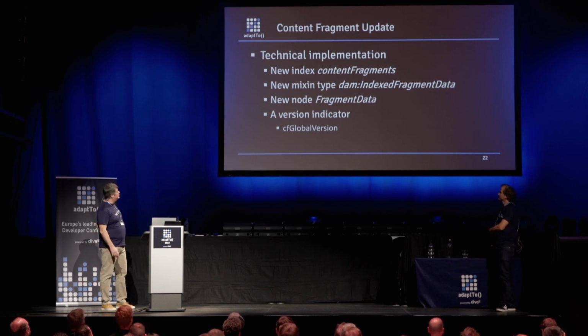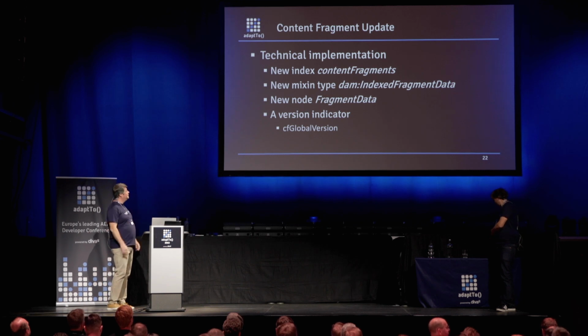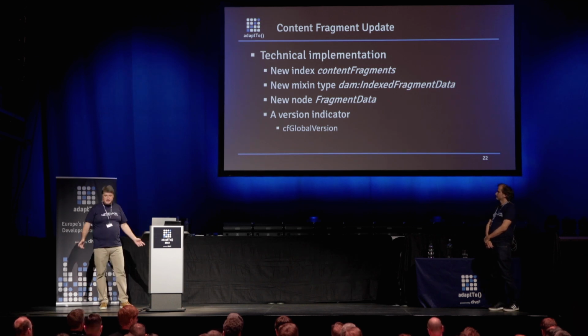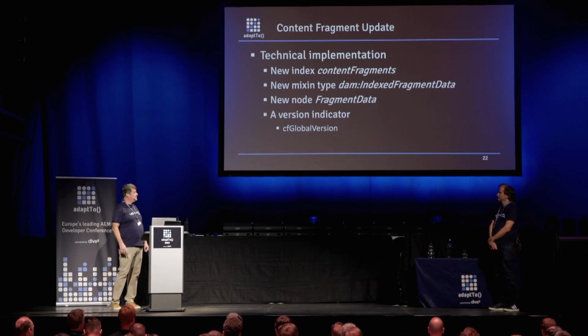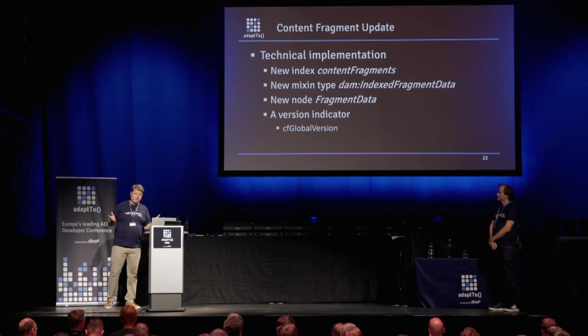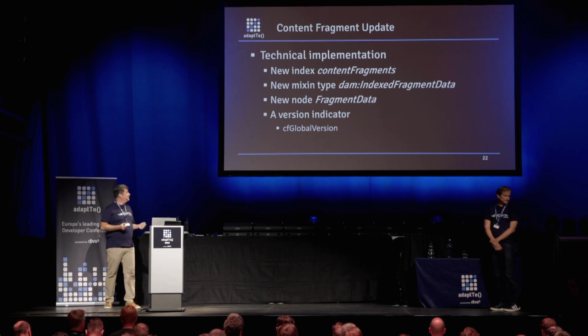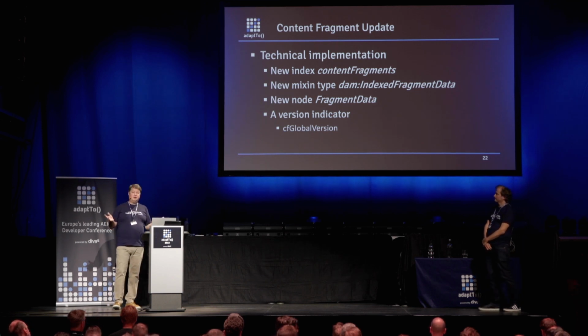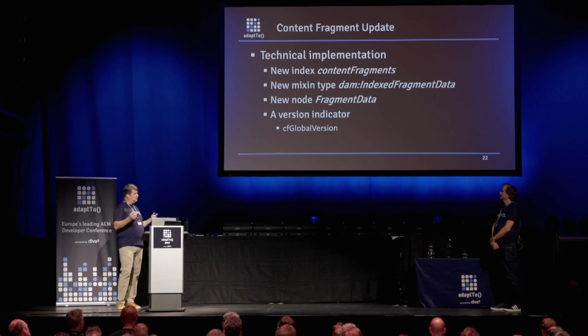For that improvement, we had to create a new index which is called content fragments. For historical reasons, content fragments are also assets, but with that requirement, we could not really leverage the index which we currently have, which is called fragments, and we had to make sure there will be no collision in the future between assets and content fragments.